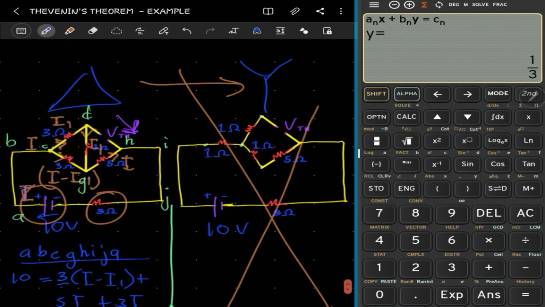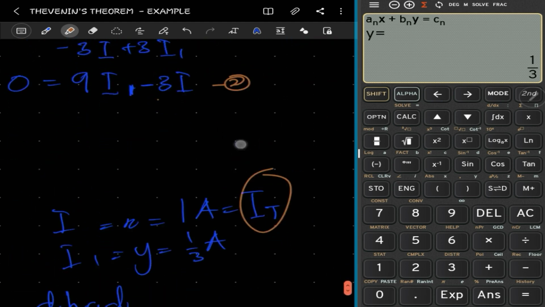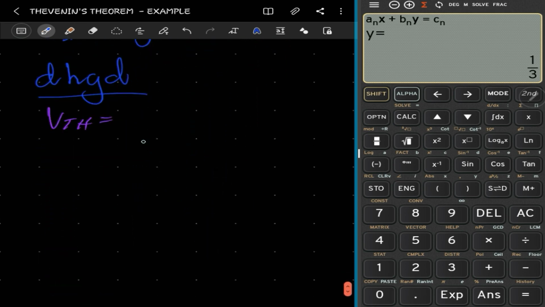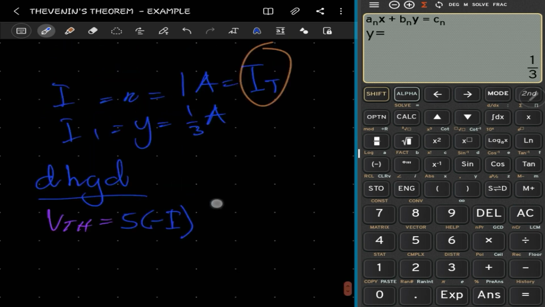Looking at the current passing through the 5 ohm, we know it's in opposite to where we are going. So that's 5 times minus I. So VTH is equal to 5 into bracket minus I.